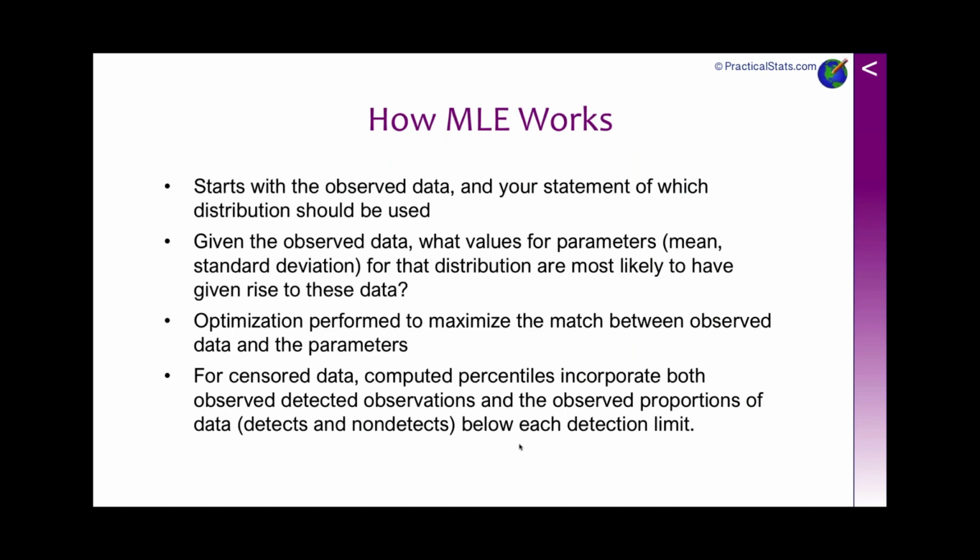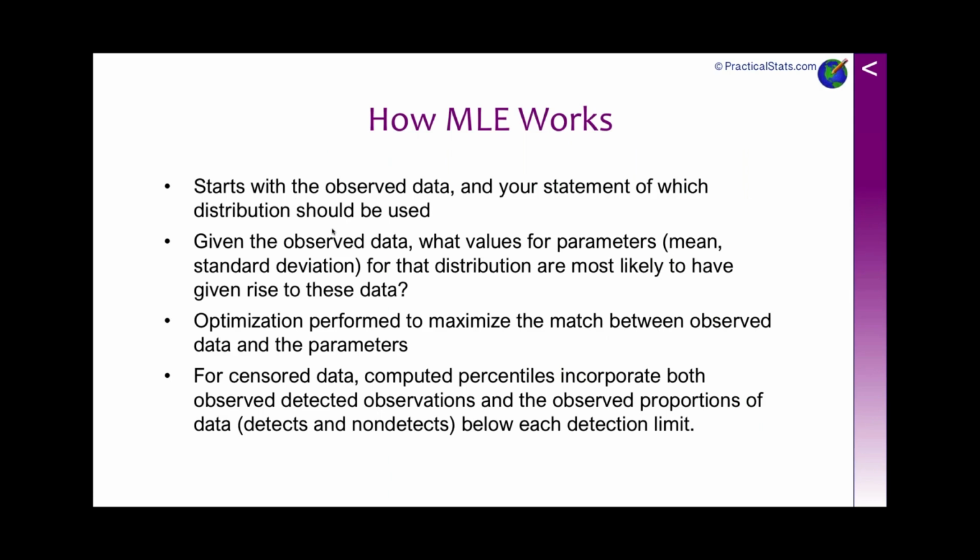So we're going to fit data like those curves using something called maximum likelihood. There are other methods to do it. This is one of the standard ones. What maximum likelihood does, and I won't go into the math today, is start with the observed data and then your statement of which distribution should be used.